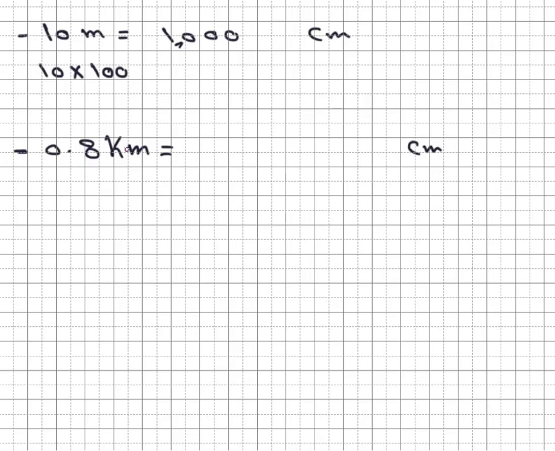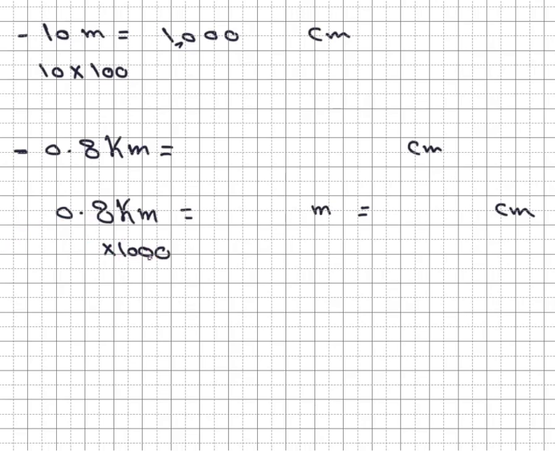Now we can convert from kilometer to meter, then we can convert from meter to centimeter. In the first step, we convert kilometer to become meter. Then after we finish, we can convert to centimeter.